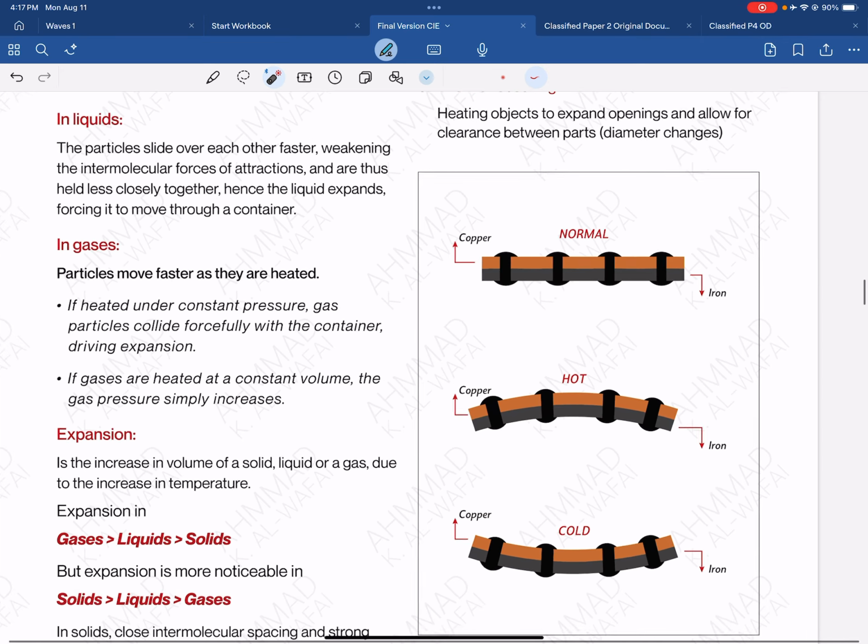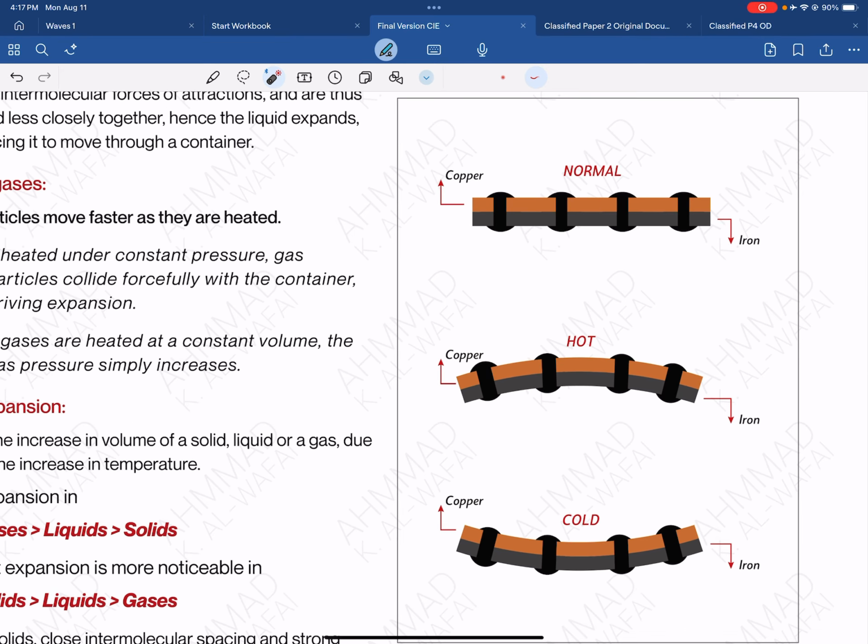Okay, now if you look at this diagram, we have the bimetallic strip. As its name suggests, it's made from two metals, each with a different expansion rate. Let's say copper expands more with heat. So when that happens, the copper wants to move in this direction, but the iron doesn't really want to move.